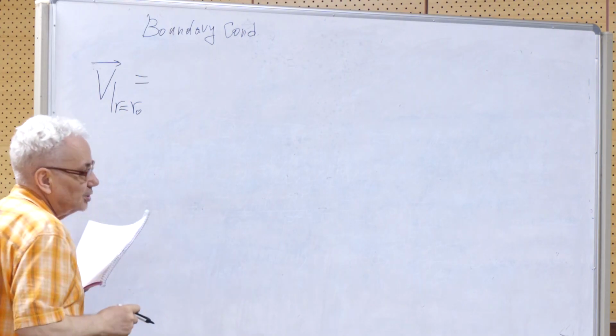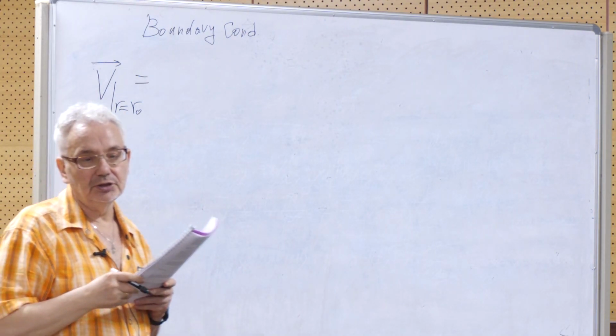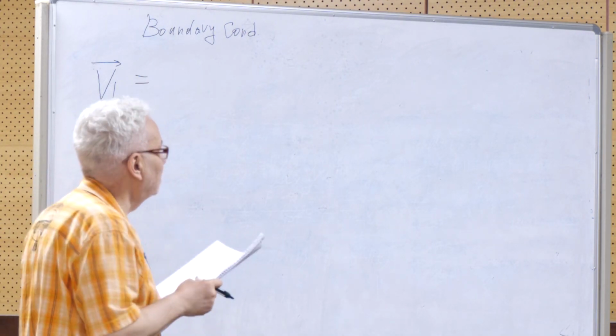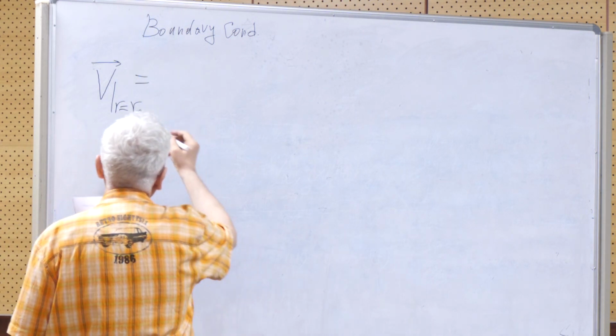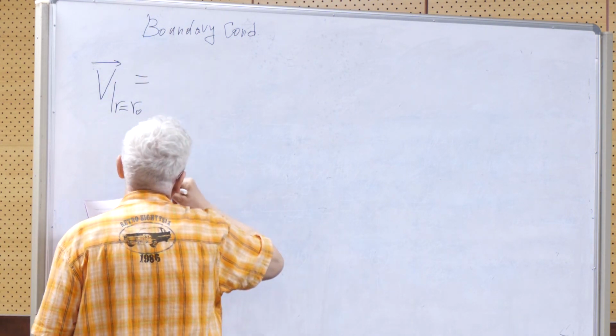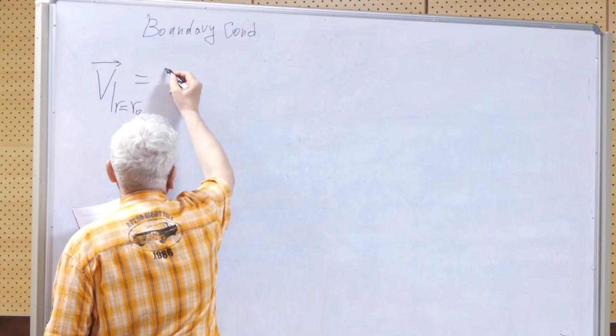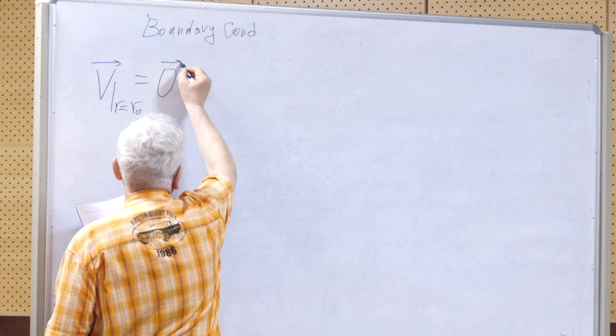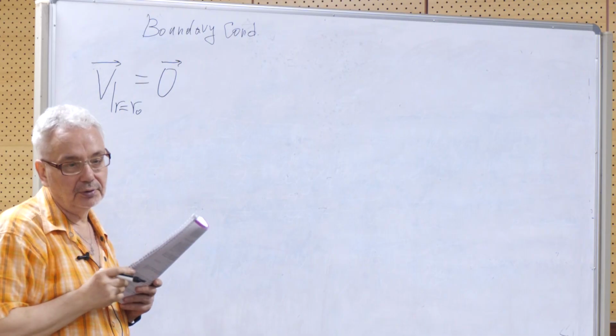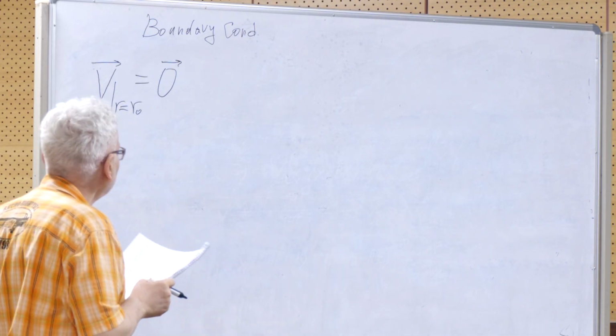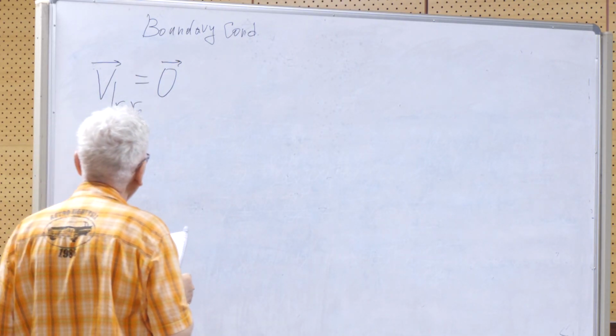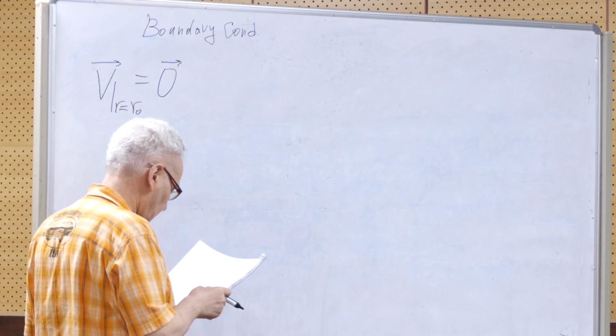So we suppose that we are exactly in this rotating system connected with the mantle. So the outer boundary condition for the velocity, for all three components of the velocity, is 0. And of course, it's important to note that it is a vector, and we have this boundary condition at this point.